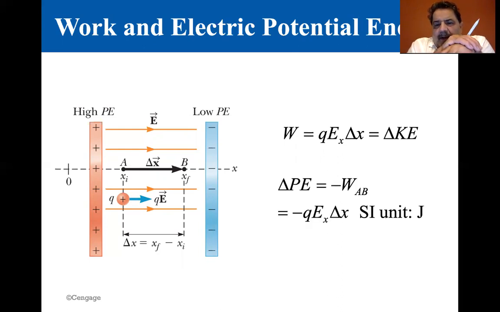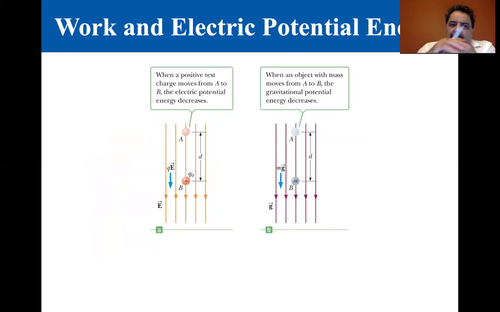So the change in potential energy is negative work AB equals minus Q E_x delta X, and the SI units for this are joules. Force times distance is joules. So Newton meters is joules.